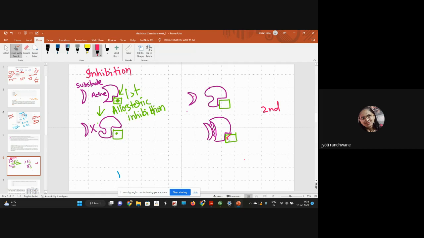Inhibition is coming later. First, one molecule is binding to the allosteric site, and then the active site is becoming favorable for the substrate. So there is a bonding interaction between the substrate and the enzyme. So what can we say, it is allosteric.